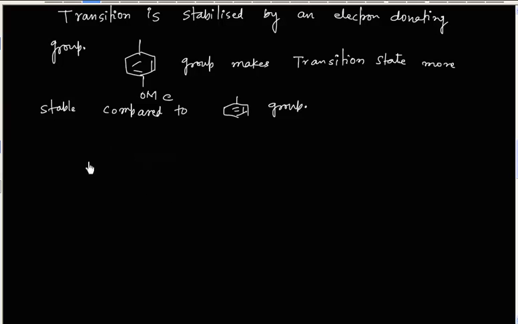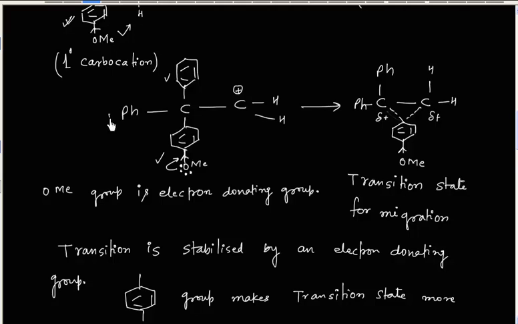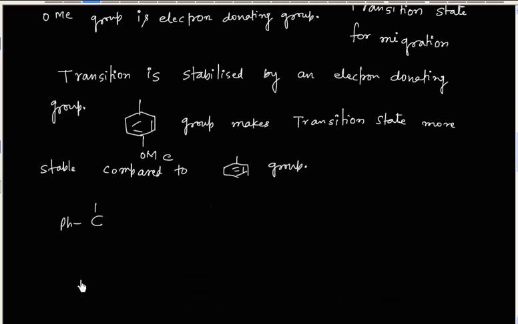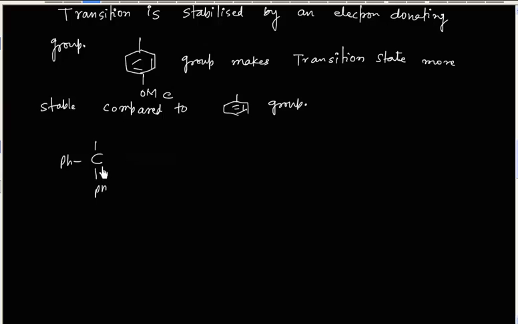So in this case, the final carbocation we will have: we will have two phenyl groups attached, and on this carbon we will have two hydrogens and the phenyl group with the OMe group. So this is again a 3 degree carbocation, a more stable carbocation.